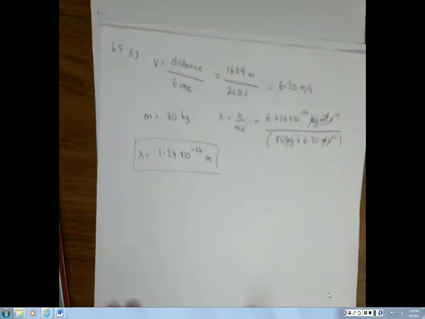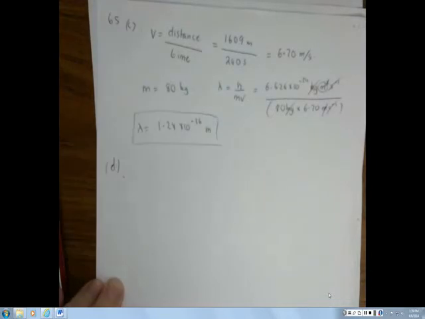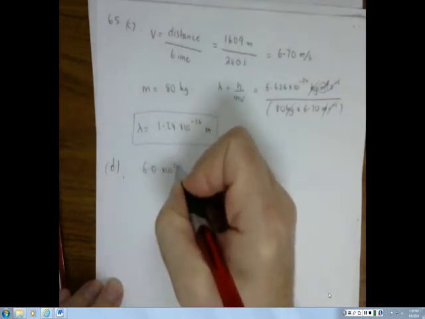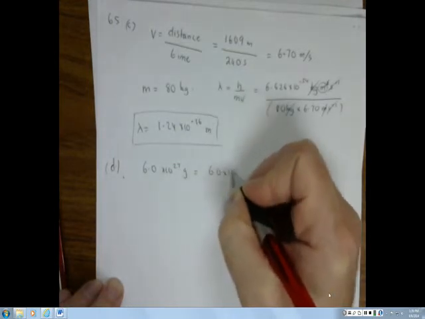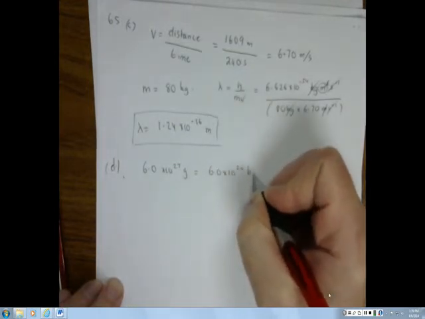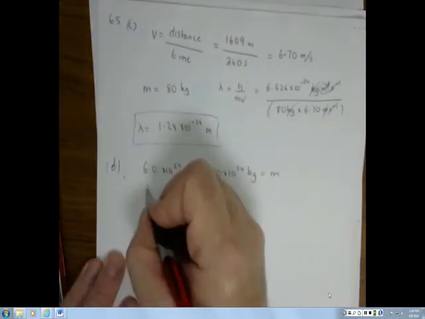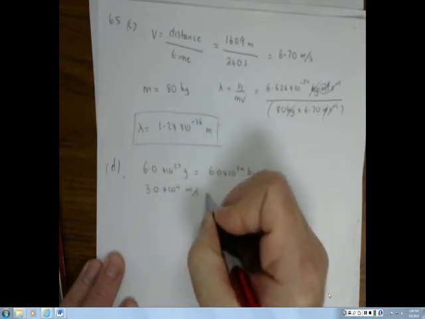Okay, what's the wavelength of the Earth? That's the next question, D. It says Earth has a mass of 6.0 by 10 to the 27 grams, which is 6.0 by 10 to the 24 kilograms. That's the mass, okay? And it says it's moving through space at 3.0 by 10 to the 4 meters per second.